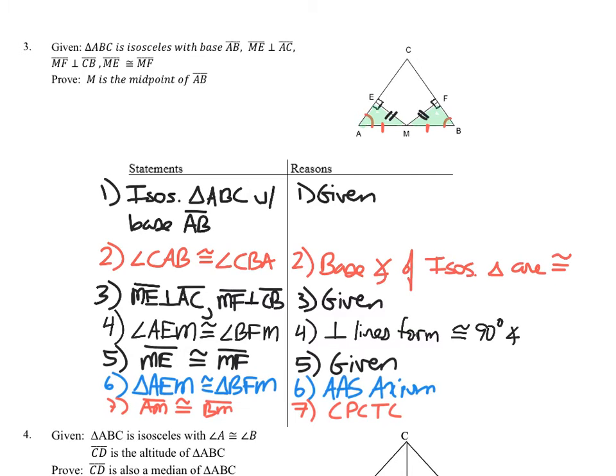And then finally we're at the proof statement. Because if I know that they're congruent, then M has to be the midpoint. So I'm at the proof statement, and all I'm going to write is the proof statement. M is the midpoint of AB. Abbreviations are encouraged.